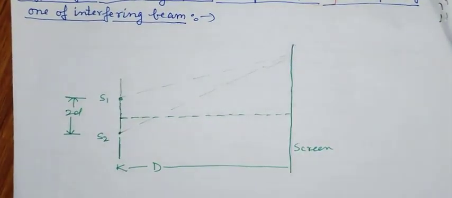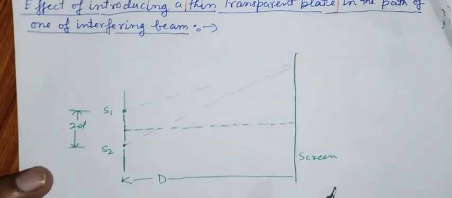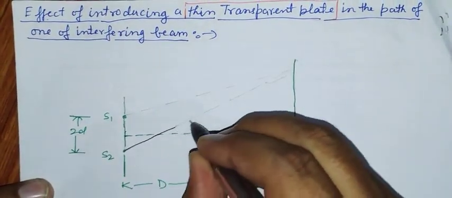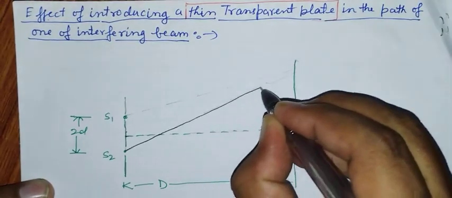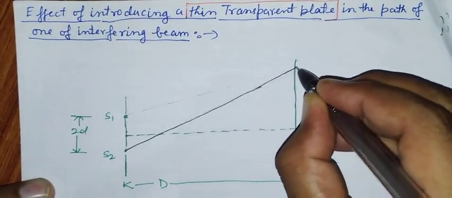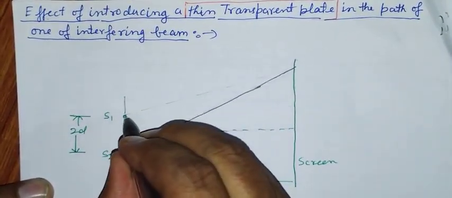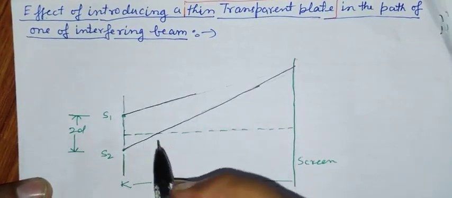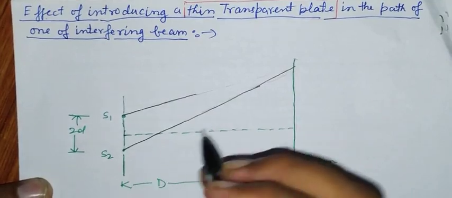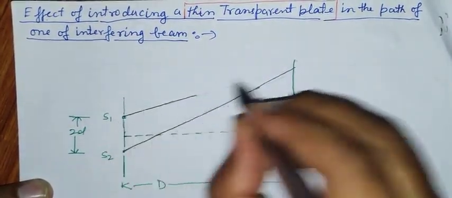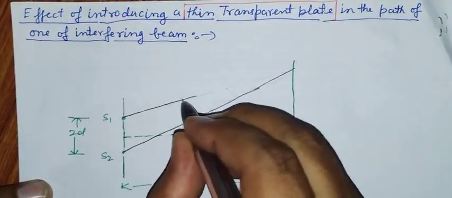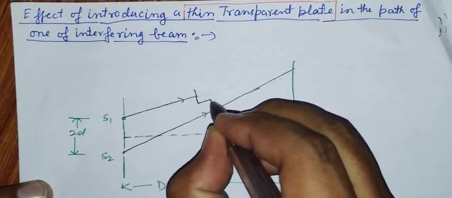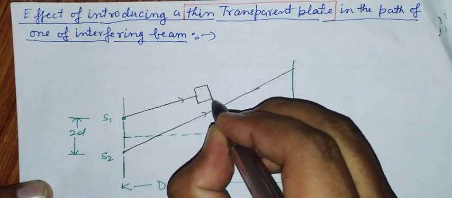From here, let a beam of light move from both virtual sources S1 and S2, and in the path of S1 a thin transparent film is kept here.